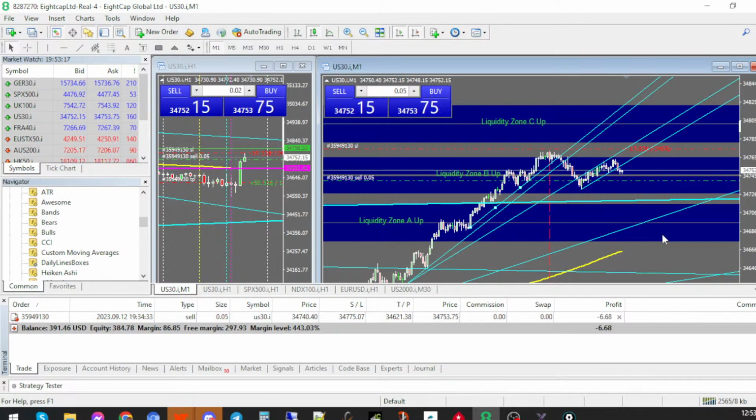All right, Pratt says, little confused about how you get these liquidity zones. I don't tell anyone how I create the liquidity zones. It's going to become an indicator, which I will provide to my students.